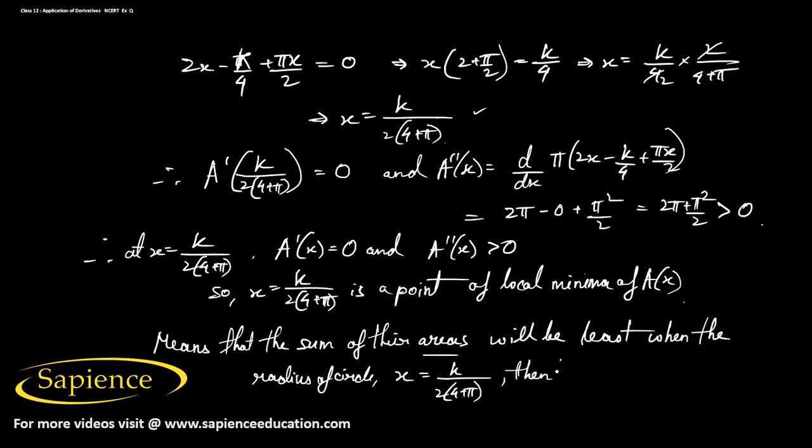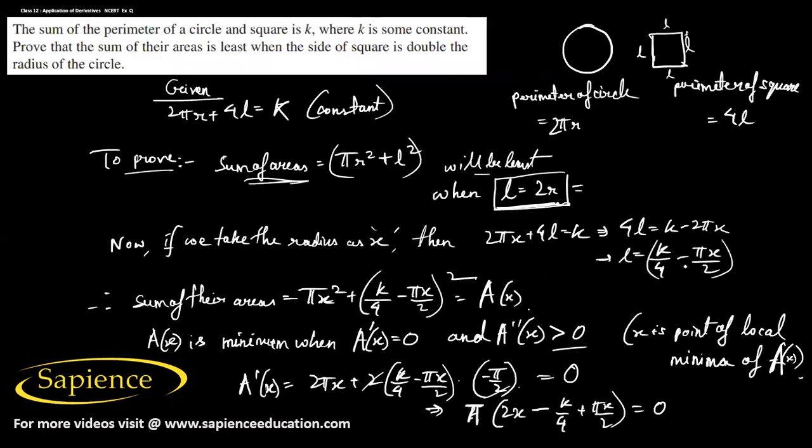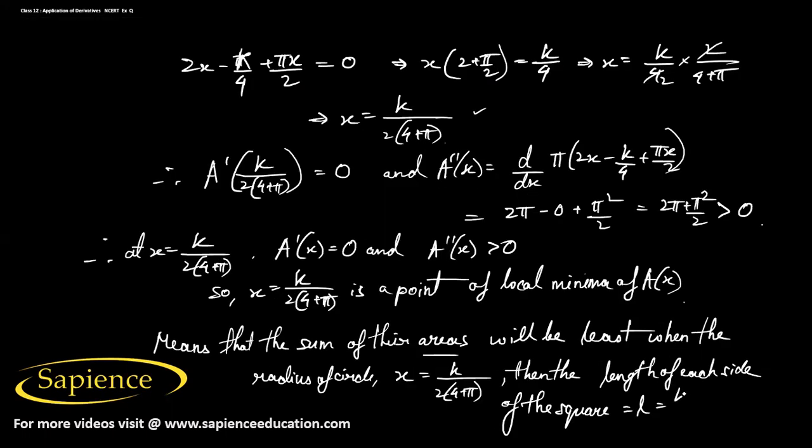So then the length of each side of the square, L, which we have found as k by 4 minus pi x by 2. So the length of each side of the square will be k by 4 minus pi by 2 into x. Now x is given as k by 2 into (4 plus pi).